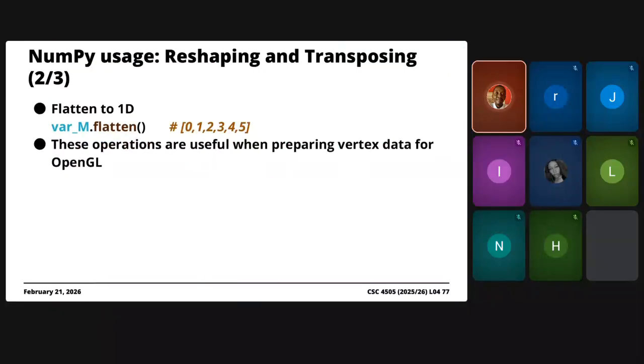And then of course, you'd find yourself wanting to flatten a multi-dimensional array, for instance, so you can invoke the flatten function. What it does is it converts your multi-dimensional array, in this particular case a 2-dimensional array, into a 1D numpy array object.